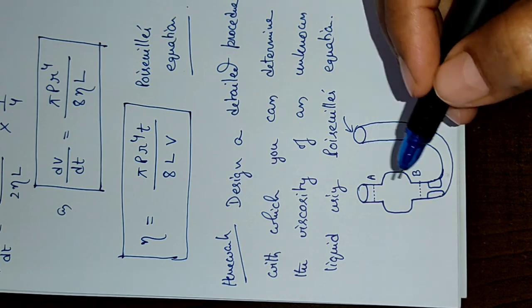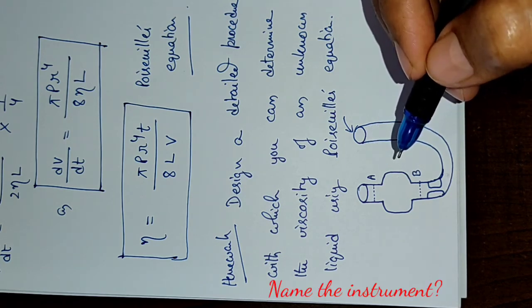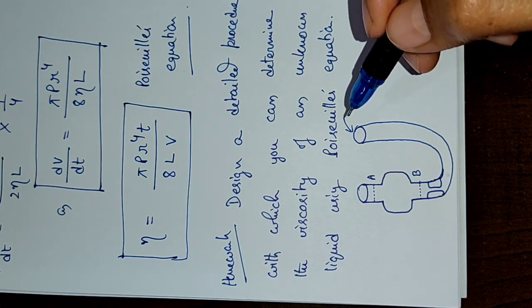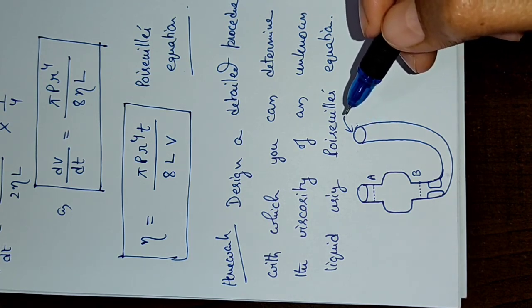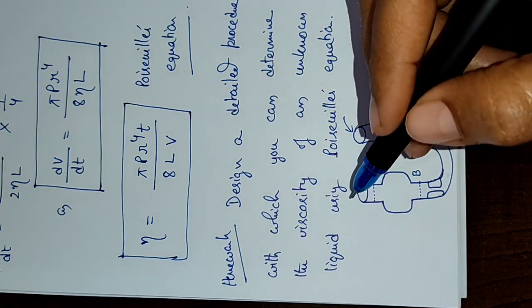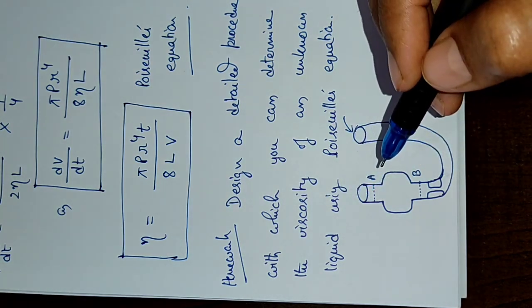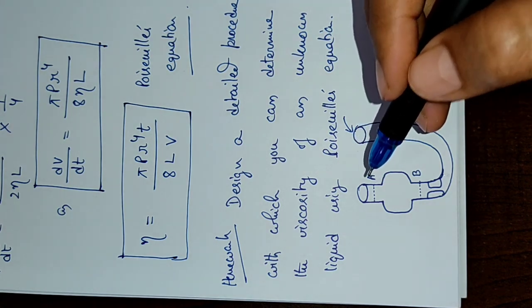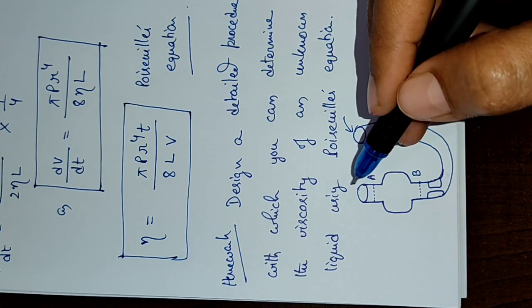Now you will be provided with this instrument. You suck a liquid in through this end, and when it reaches above A, just release it. It will come down.